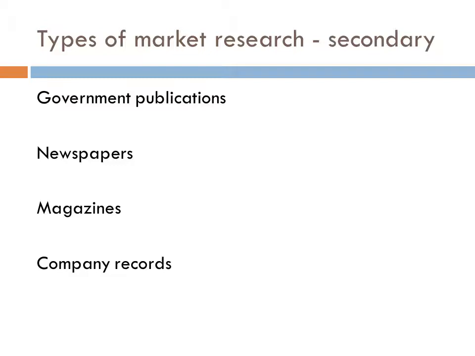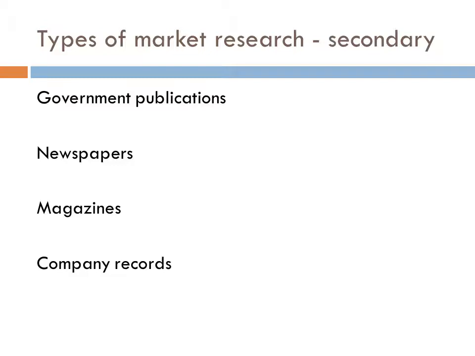We can also use newspapers, so broadsheet newspapers such as The Times and The Guardian contain articles on specific industries. So there's a business section in The Times, there's a finance section in The Telegraph, for instance. Certain magazines such as The Economist, that again talks about the economy. Grocer Today tells us about what people are buying in grocery shops, which means that we can try and work out what people might be buying in the future, so it provides helpful data through articles and surveys that they complete.